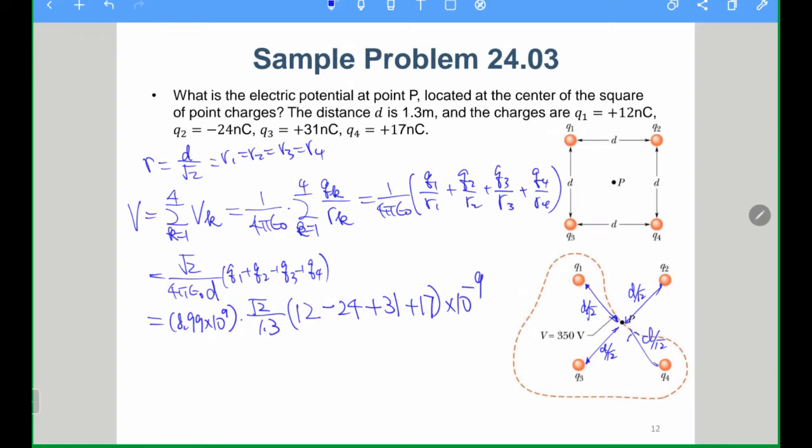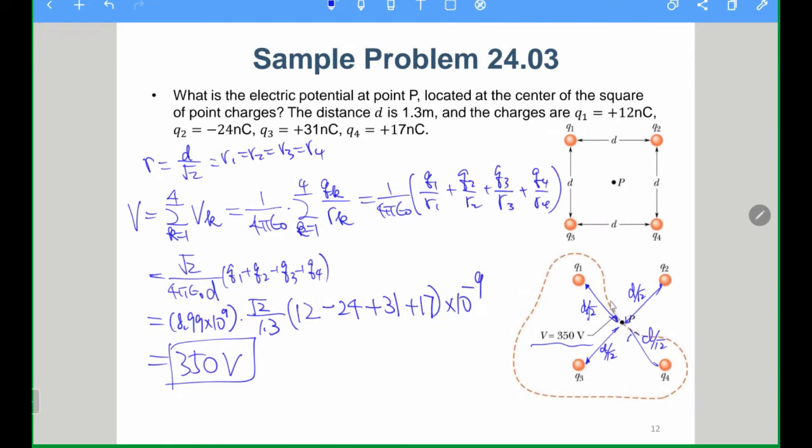Okay, so use a calculator. You can calculate that V is nothing but 350 volts.